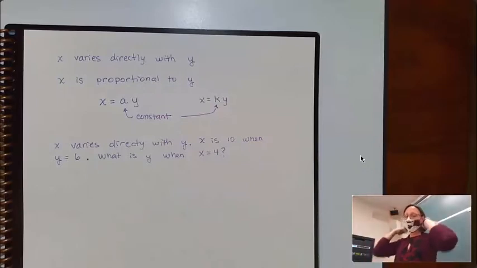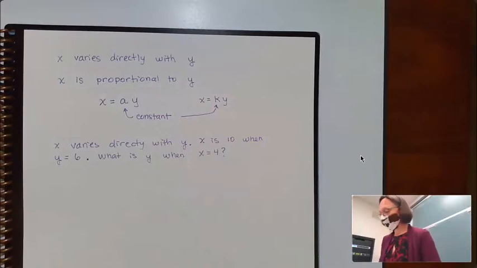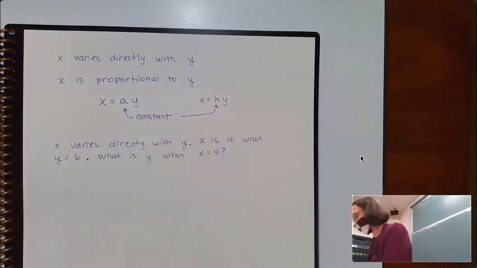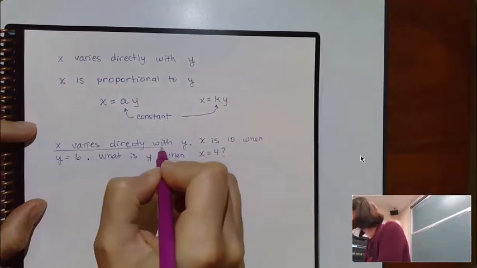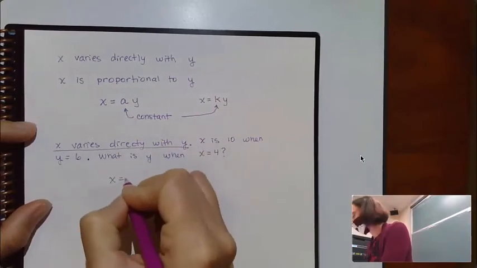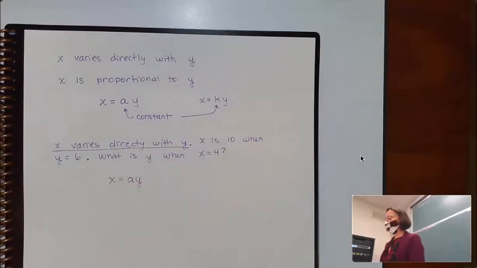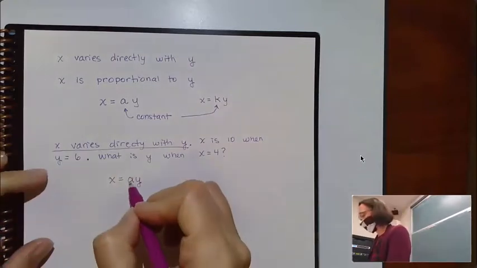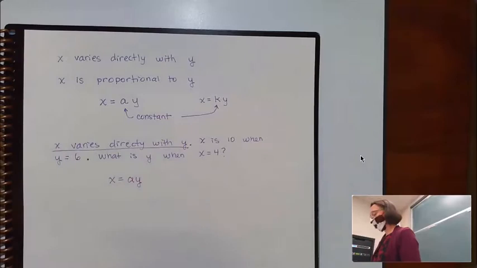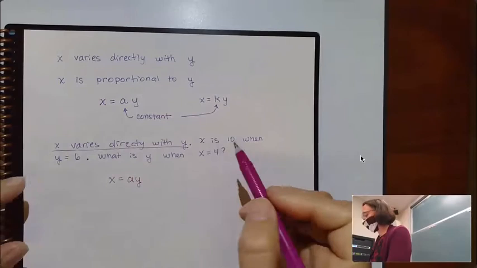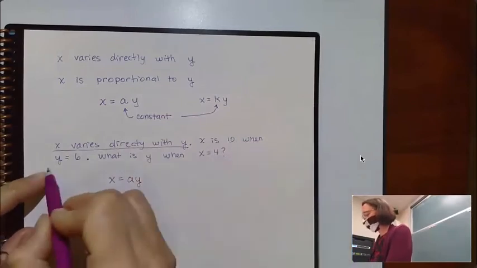So I'm going to start by taking that very first statement, that x varies directly with y. And as soon as I see that, I'm writing x is equal to a constant times y. Now I'm thinking about what's the value of that constant so that I can answer the question. To figure out the value of that constant, I'm hoping that we've been given a point, a value of x and y at the same instant. So x is 10 when y is 6.